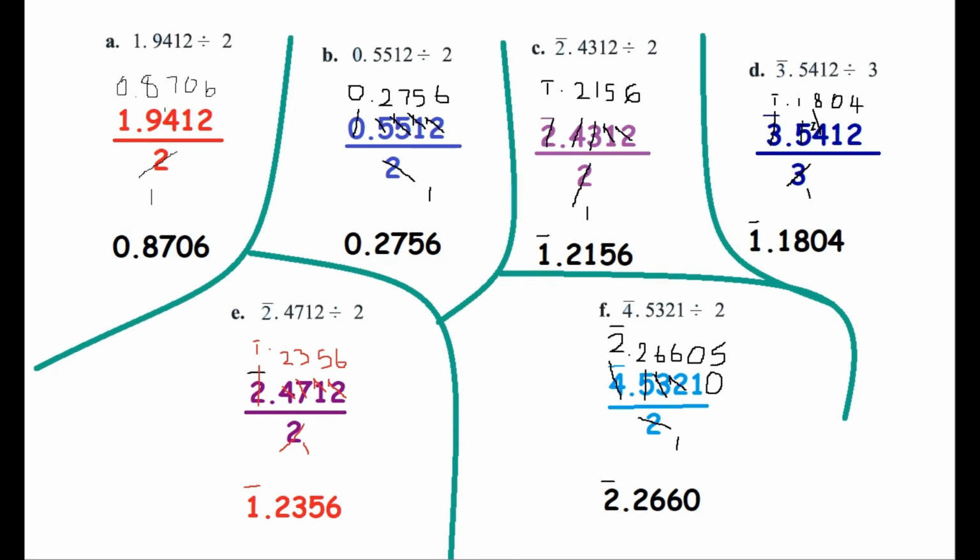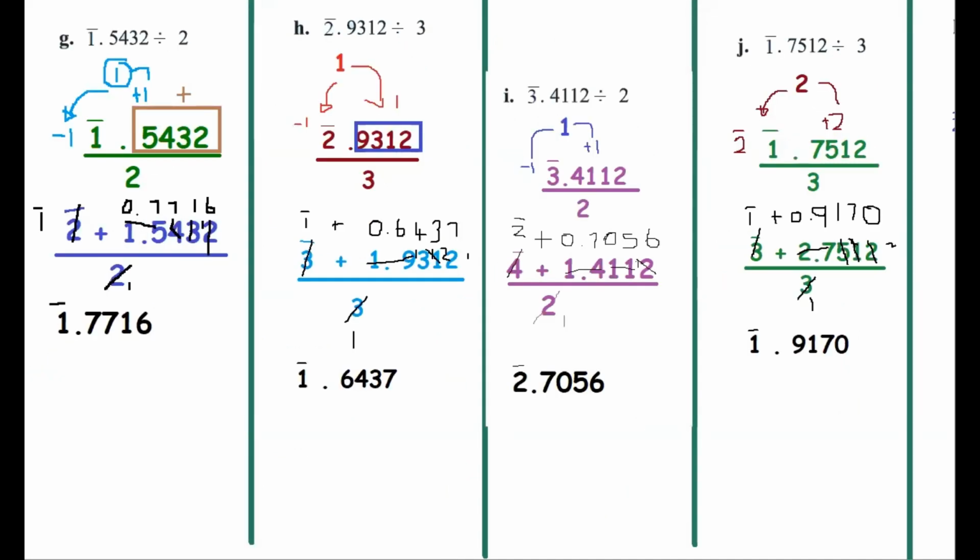When we summarize the second question answers, now you can see A to F, the bar values are all multiples of the denominator. When you look at question G onwards, all of these values have to be changed because you can see the bar value is not a multiple of the divisor. See, even the first, G, when you consider, you have a bar 1 and the divisor is 2.